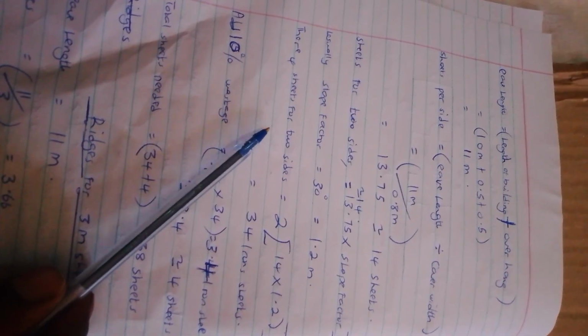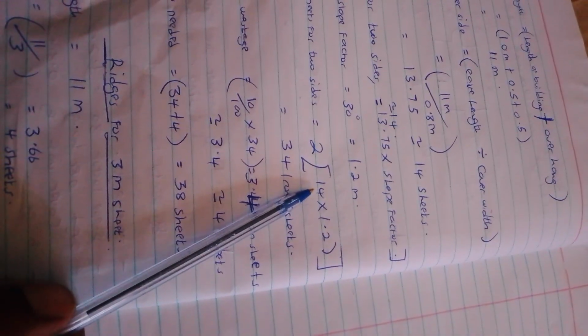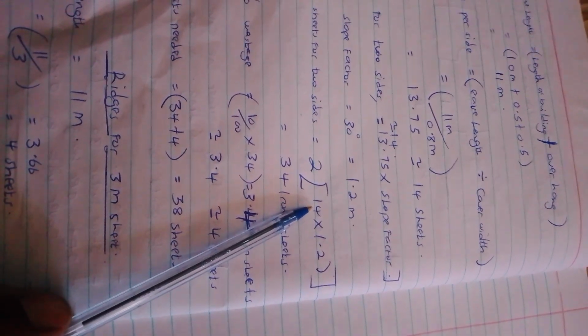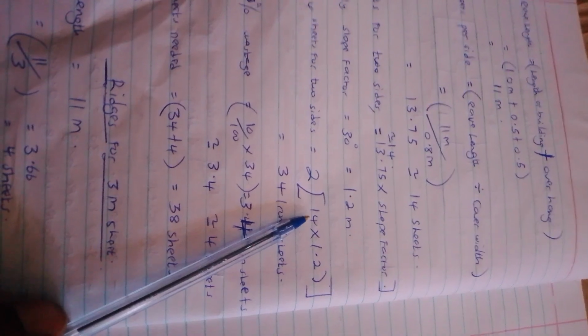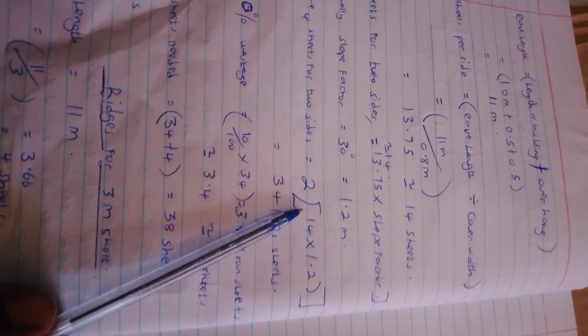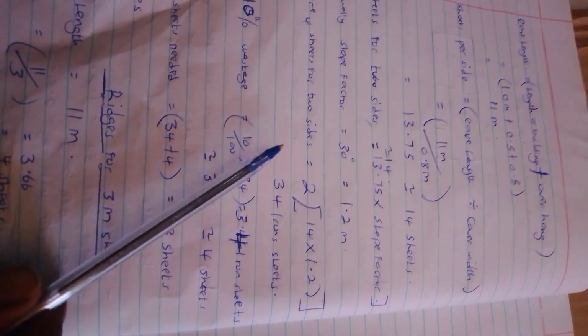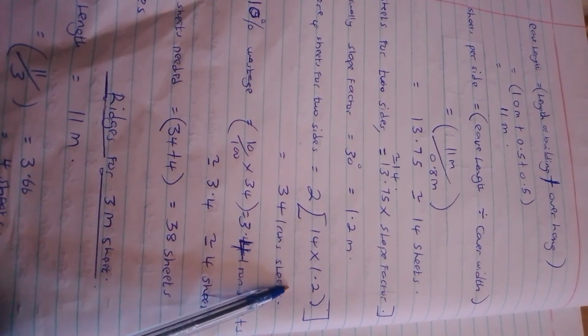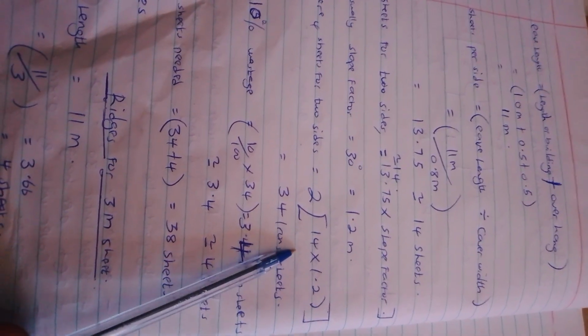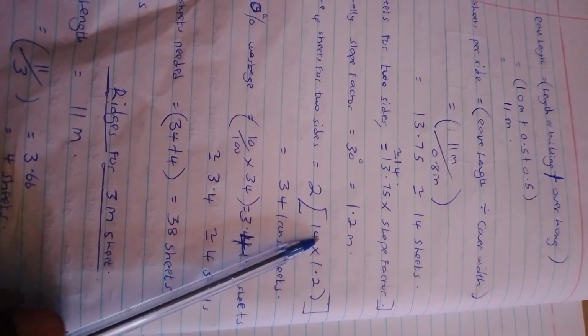So to get the sheets for two sides, we take 2 times 14 times the slope factor, and you get 34 iron sheets needed for two sides, both the front part and the back part.